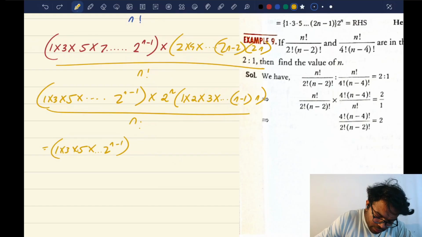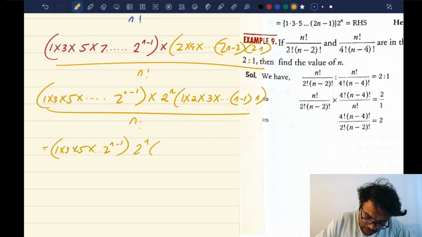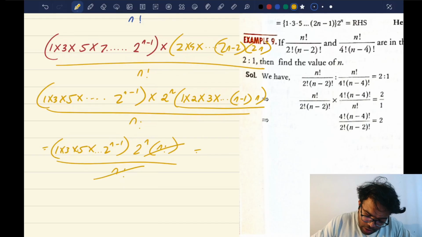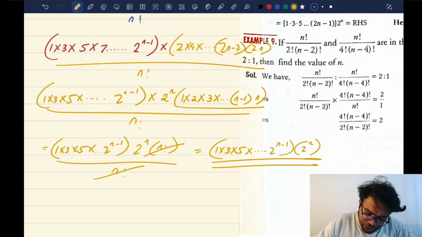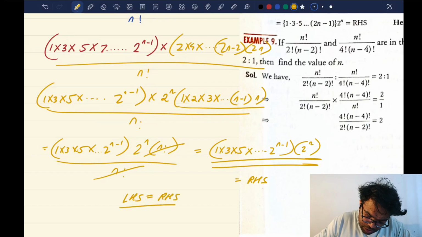This can be written as n factorial upon n factorial. This and this gets cut off. So you will have 1 into 3 into 5 into dot dot dot 2 to the power n minus 1 into 2 to the power of n. That's it, finished. LHS is equal to RHS.